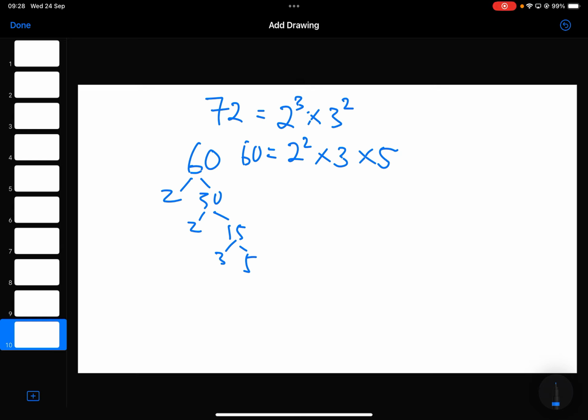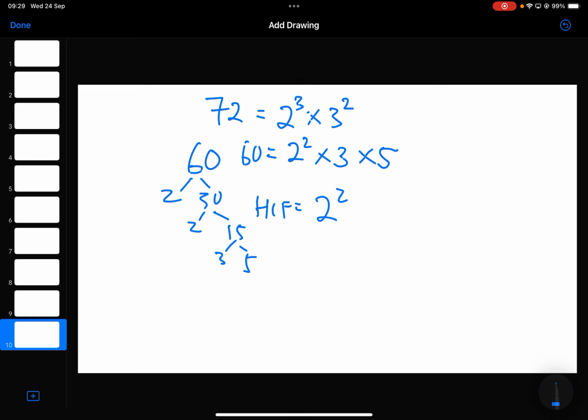So 2 cubed is made up of 2 squared times 2. Then here only got 2 squared. So the common one means 2 squared. Here have 2 squared. Here also have 2 squared. 2 squared is part of 2 cubed. So the common one I will straight away write down in my HCF. The common one is 2 squared.